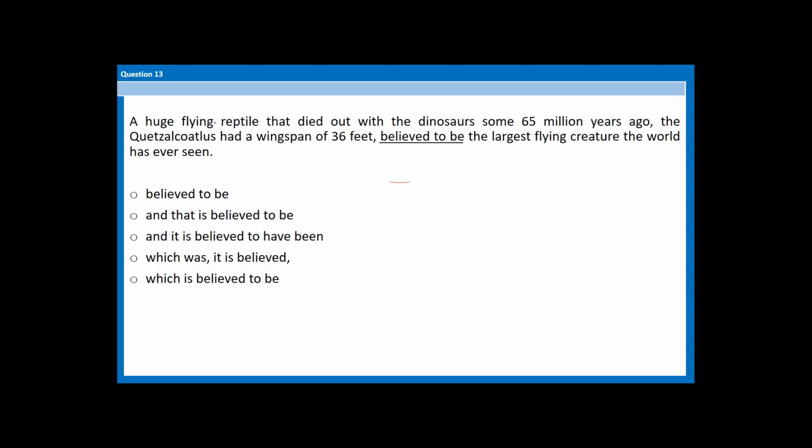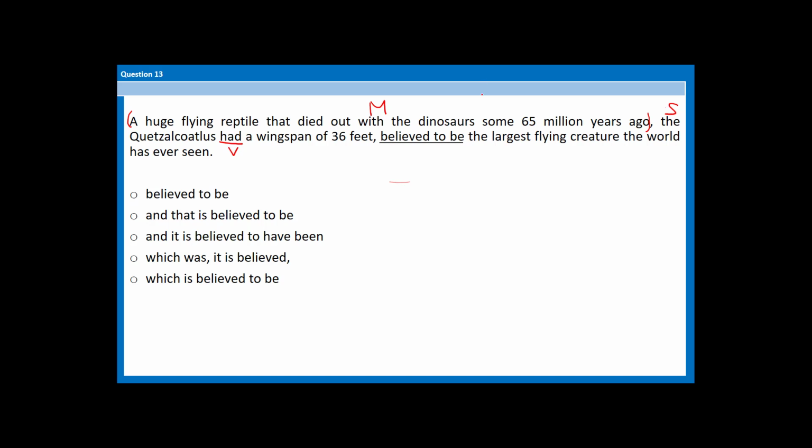Be careful here because the structure at the beginning is not a subject, it is a modifier that we call a noun phrase modifier. It is a long modifier. The subject is the Quetzalcoatlus. So the Quetzalcoatlus, and the main verb is had. The Quetzalcoatlus had a wingspan of 36 feet.